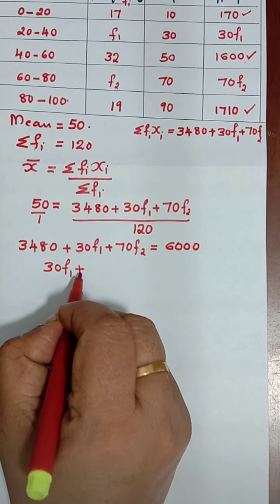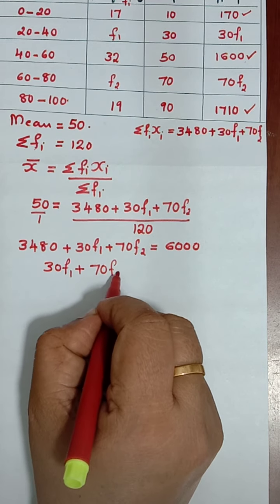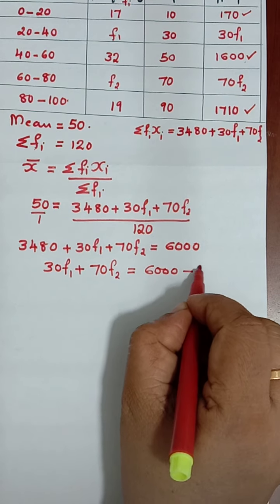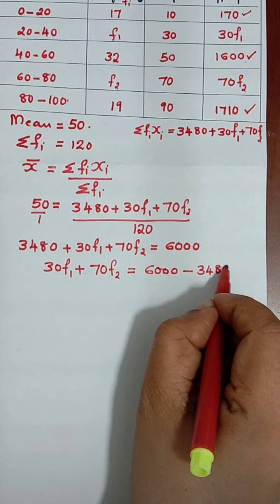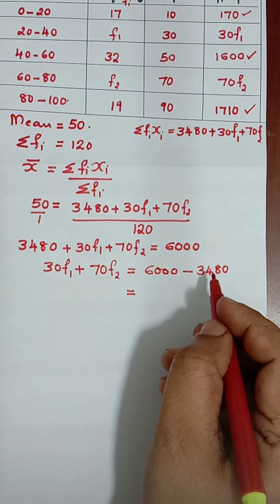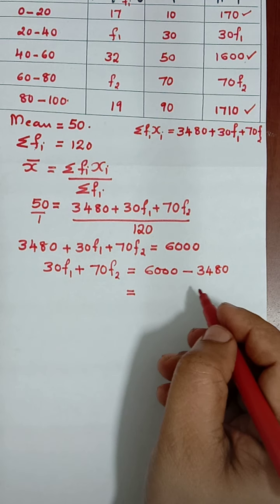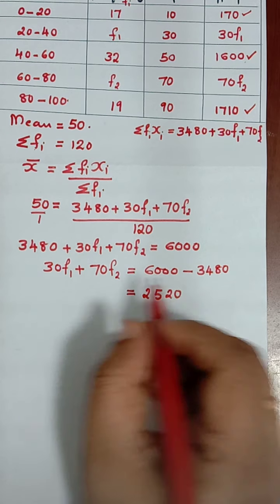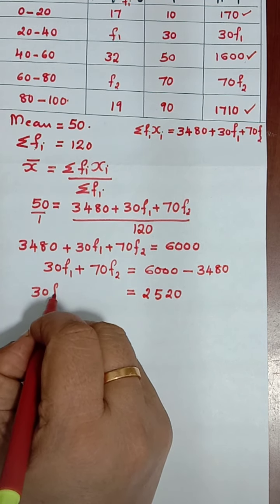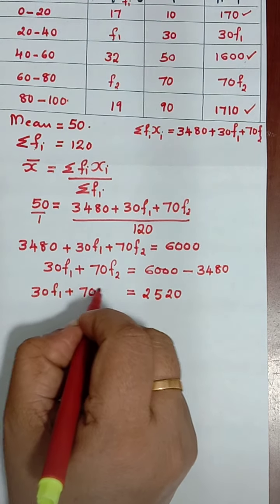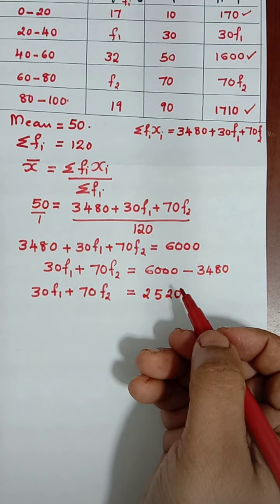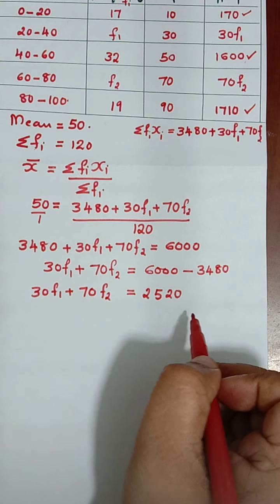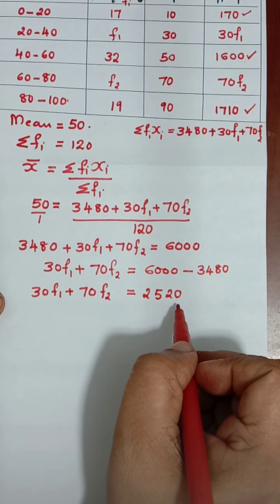Here we have 30 F1 plus 70 F2 is equal to 6000 minus 3480. Let us subtract: 6000 minus 3480 becomes 2520. That is 30 F1 plus 70 F2. When you have studied the linear equation lesson, you might have seen how we simplify each equation.